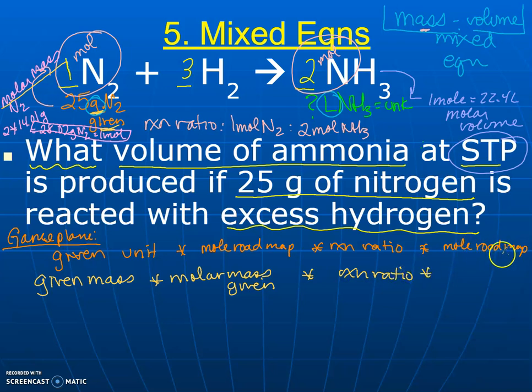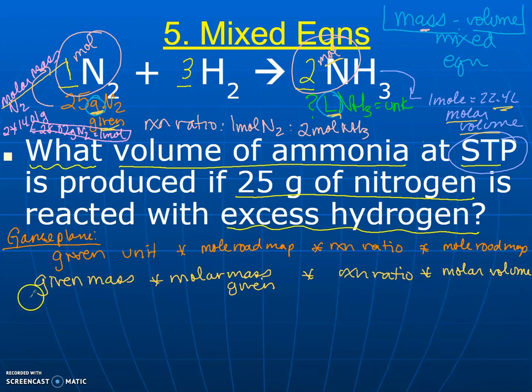And then what part of the mole roadmap changes our moles of our unknown into liters? That is the molar volume. So that is going to be that STP conversion of 22.4 liters. All right, so we're going to plug into that and see how that all works out.